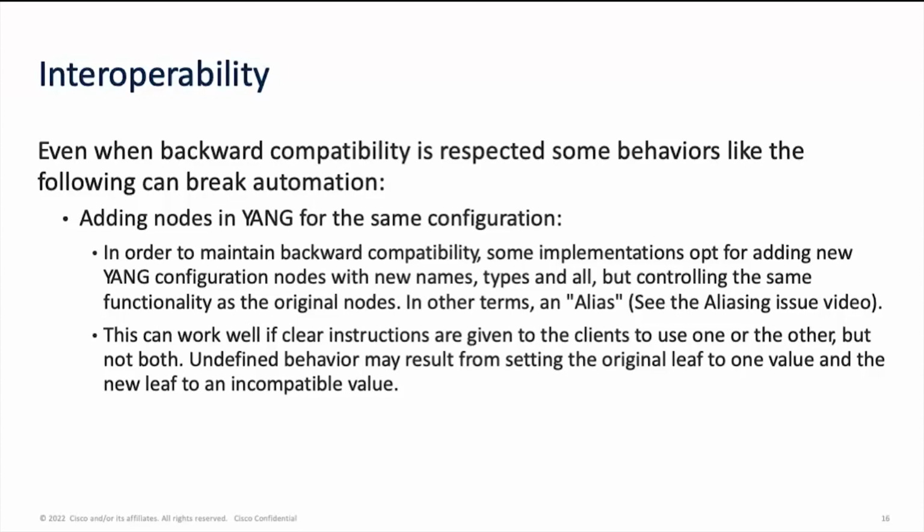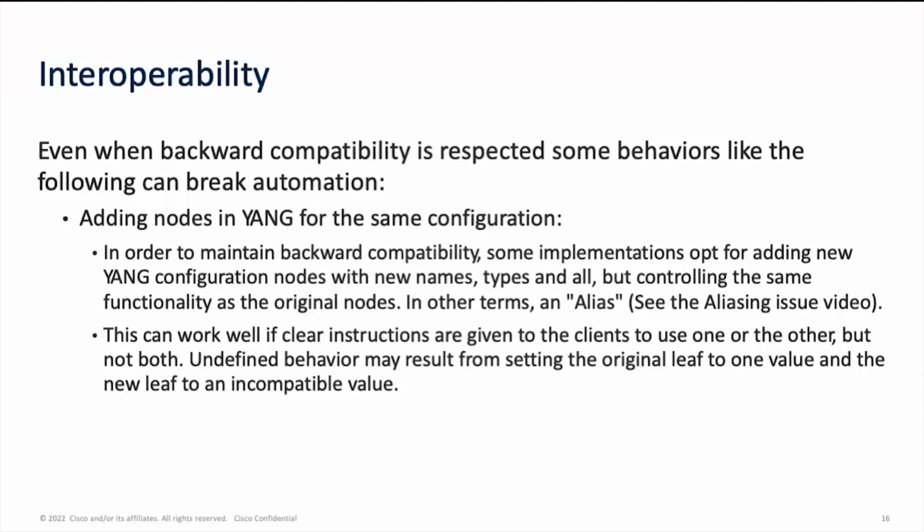Adding nodes in Yang for the same configuration: in order to maintain backward compatibility, some implementations opt for adding new Yang configuration nodes with new names, types, and so on, but controlling the same functionality as the original nodes. So this will result in an aliasing issue, and we have a video for that I recommend watching.